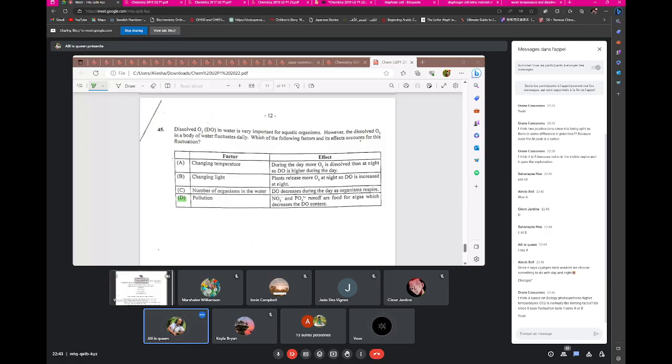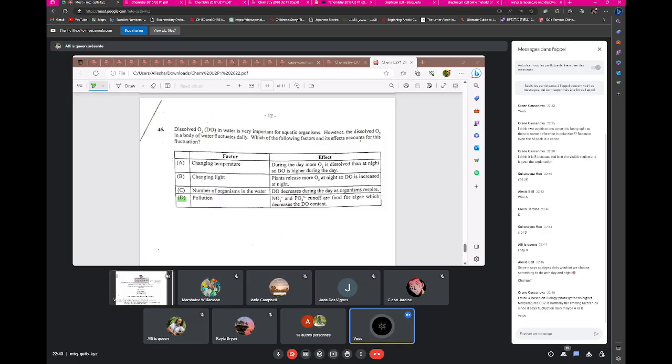Okay, but guys, let's have a look here. I understand what you're saying. You're not wrong, but dissolved oxygen in water is very important for aquatic organisms. However, we're looking at the fact that dissolved oxygen levels in water fluctuate daily. I don't think eutrophication specifically accounts for daily fluctuations, because eutrophication is a biological event.